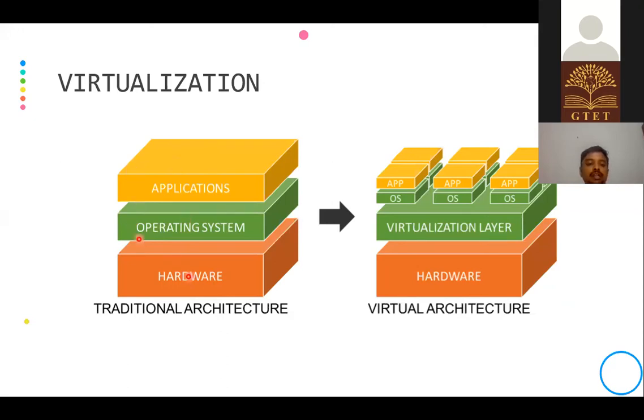In the traditional architecture, this entire unit interacts 1:1. What do I mean? If there is an operating system available, the end user can use applications on that one operating system, and the operating system can interact with the hardware. Now, if somebody is using a physical computer, it does not allow anybody else to use the same physical hardware.